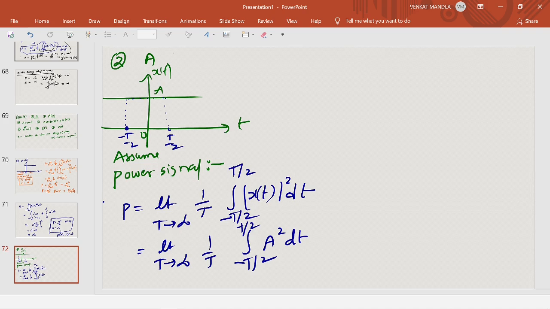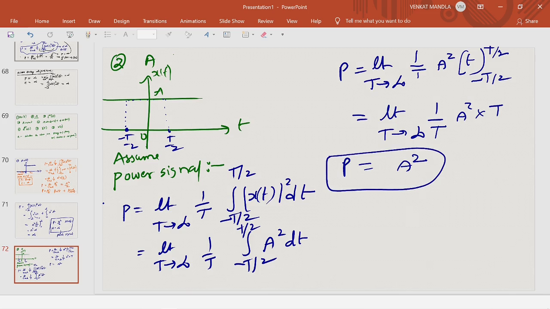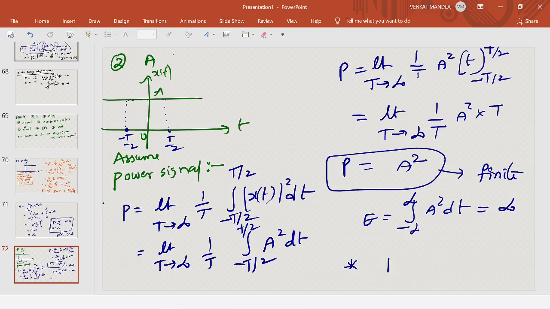That is limit T tends to infinity 1 by T a square into T, substituting the limits minus T by 2 to plus T by 2. That is a square, dt gets cancelled. So power is a square, which is finite. To calculate energy, integral minus infinity to plus infinity a square dt, you will get infinity. Therefore, it is a power signal.